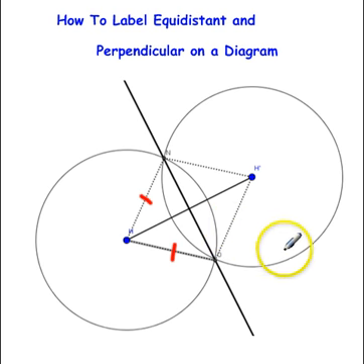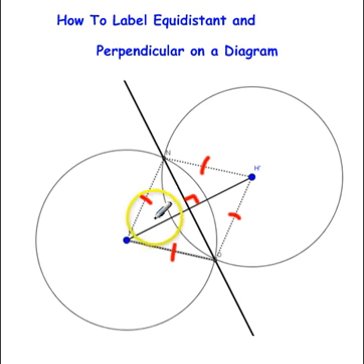Now over here in our construction, this circle is congruent to this circle. We made it that way. So we know that the radius of this circle, which is also congruent to the radius of this circle, right? They have to be the same length. But they're also congruent to these 2 radii because we made it that way. So I'm going to just show it by drawing our congruent marks through the segment. And then to show that perpendicular again, I'm just going to draw that little 90-degree box right there.